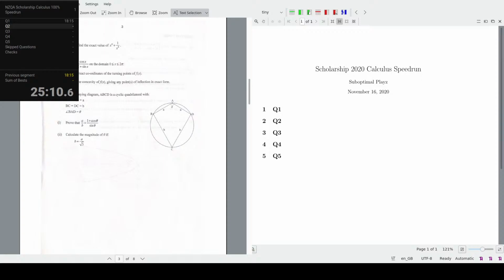Apply the quotient rule again, I suppose. (2 plus sine x) to the 4th power. Derivative of sine is cos.